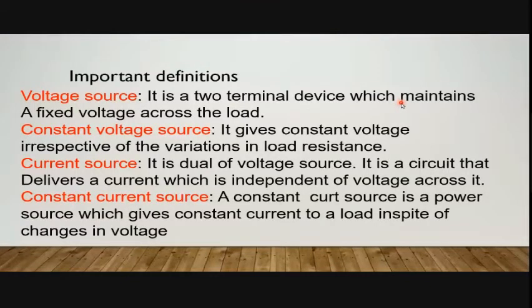For example, you take the mains, there you are going to get 220 volts. Now whether you connect one device or 2 devices or 10 devices, still the voltage remains the same. That is called a voltage source.